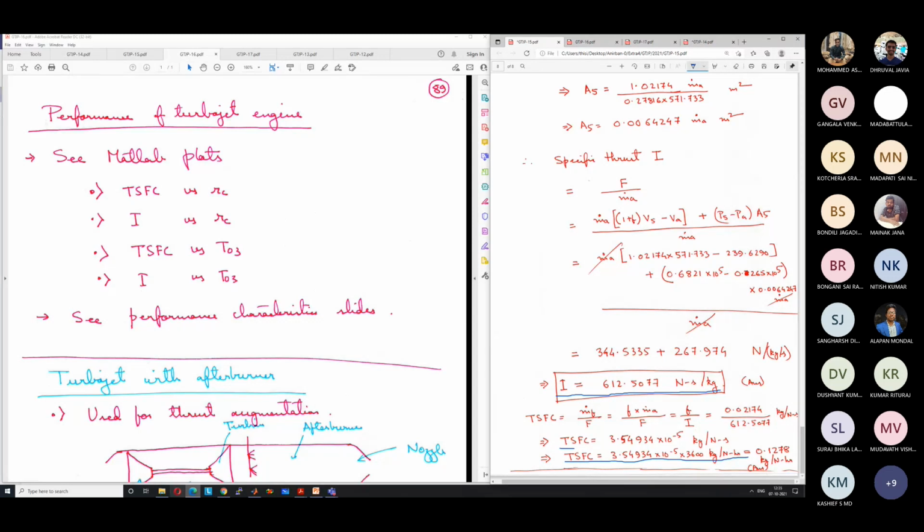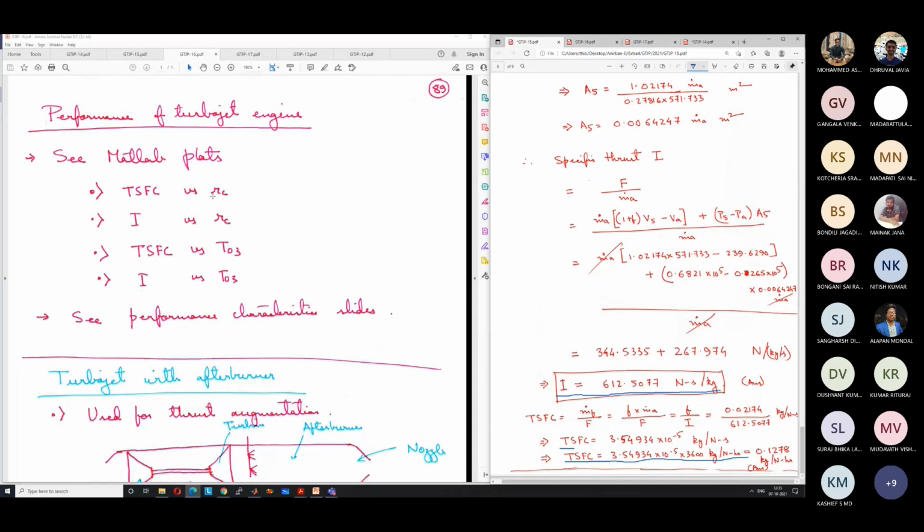So now what has to be done if you want to find out the characteristics or performance of an engine, whether it is turbojet, turbofan, turboprop, ramjet, whatever, we have to do the same calculation by varying one parameter at a time. So we'll keep all the other parameters fixed and first just vary one of the most important parameters, which is the compressor pressure ratio, RC.